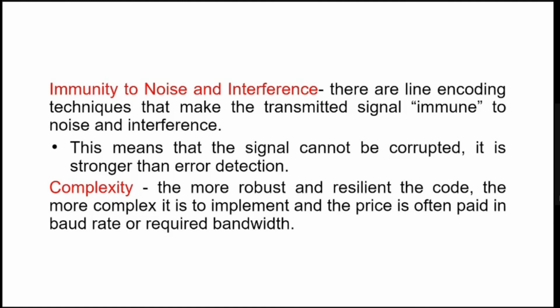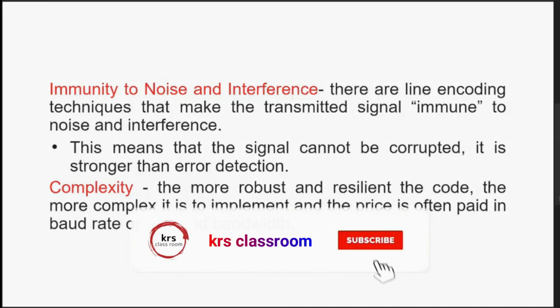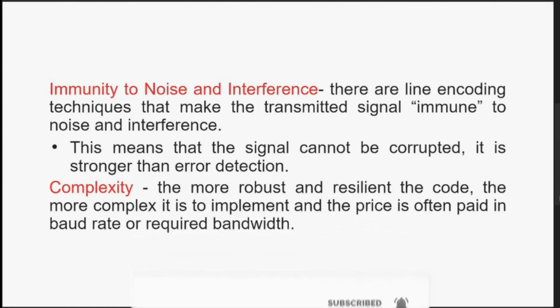Then the last one is complexity. The more robust the code, the more complex it is to implement, and the price is often paid based on the baud rate or the required bandwidth. Complexity means based on the baud rate, that is the signal rate, and the bandwidth.